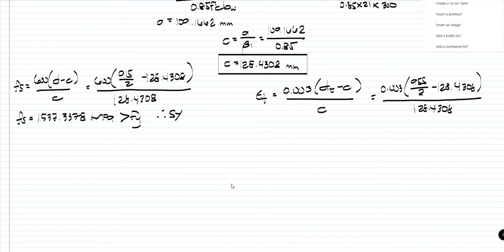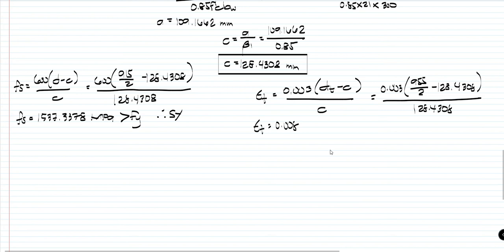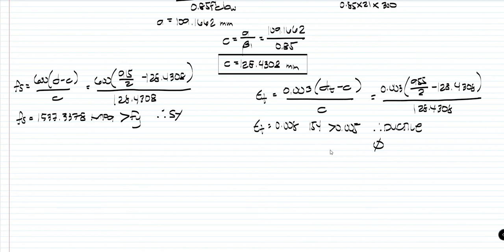So having the values from this calculation, we have a value for epsilon sub t, which is equal to 0.008154, which is greater than the value 0.005, and we can conclude that this beam is ductile, and we have a reduction factor equivalent to 0.9.